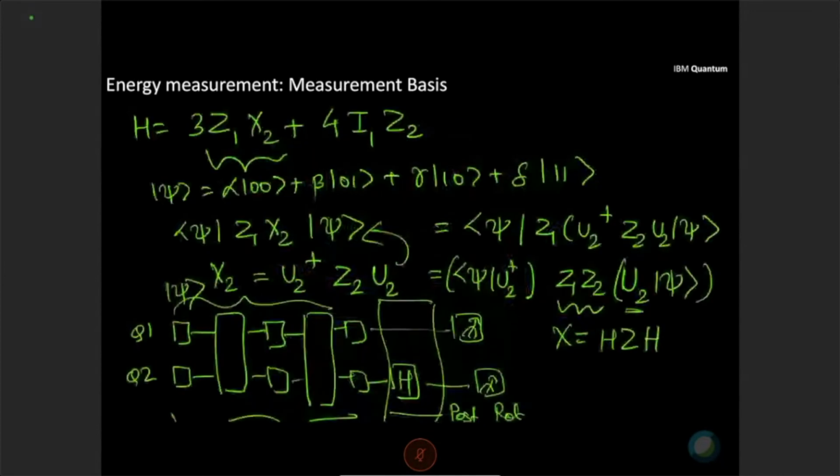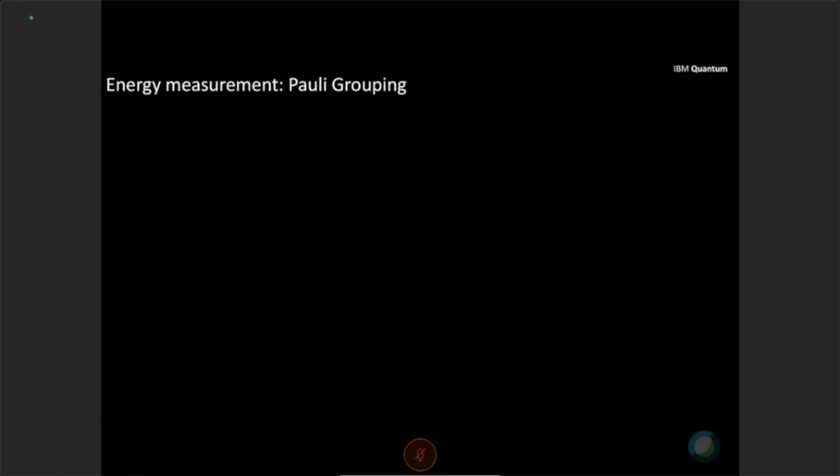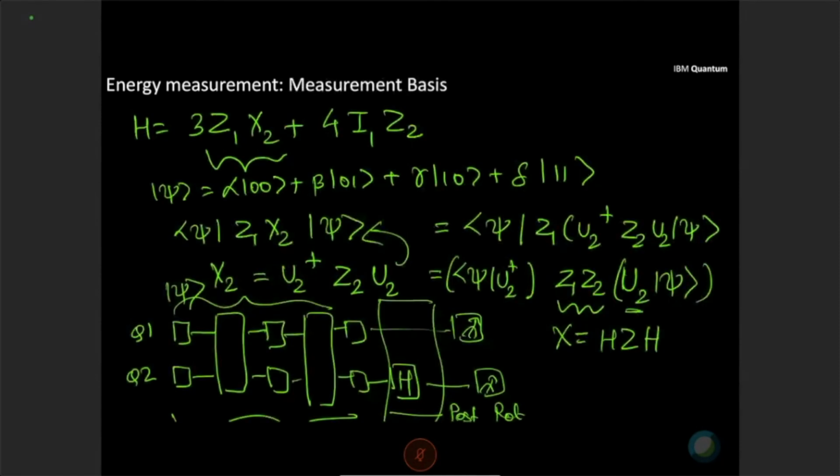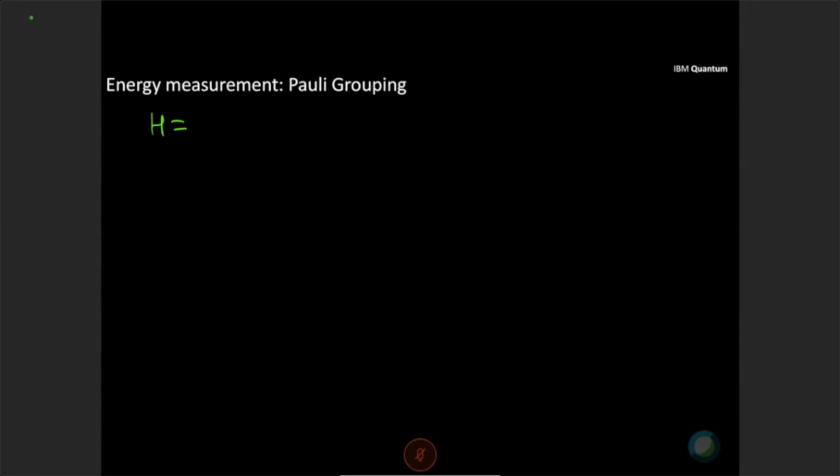All right. Now, if we go back to the original example that I had, which was, what was it? It was 3ZZ. What about this term? Does this need another circuit?